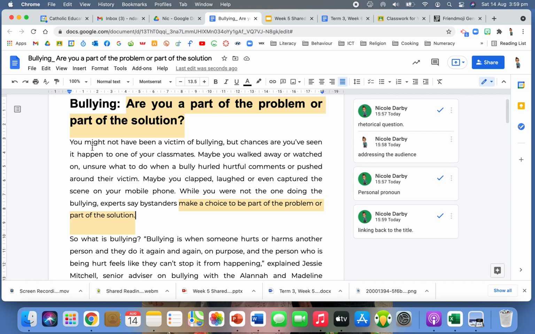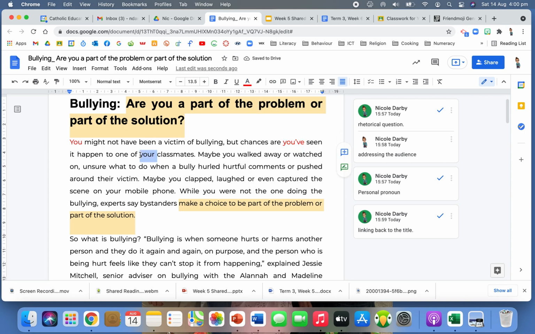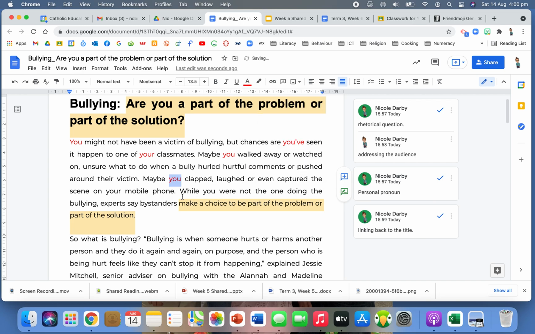Let's have a look here. You might not have been a victim of bullying, but chances are you've seen it. Look at this. I wonder if you can notice what I'm highlighting.